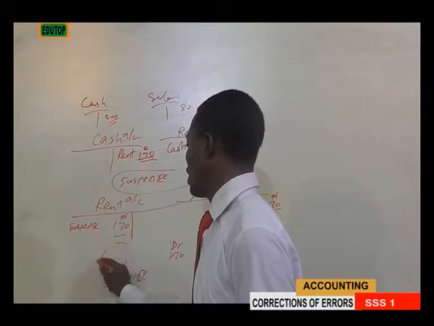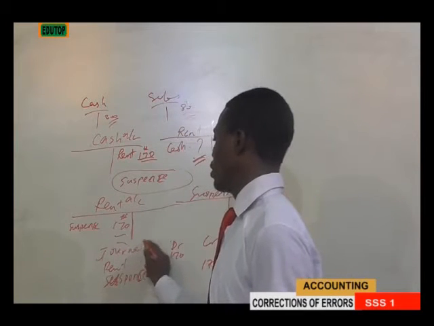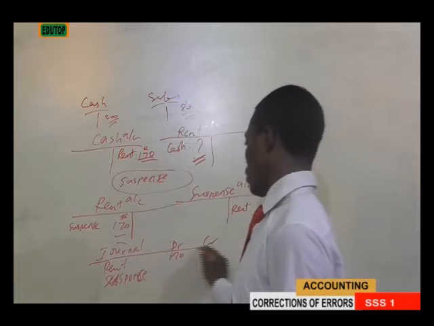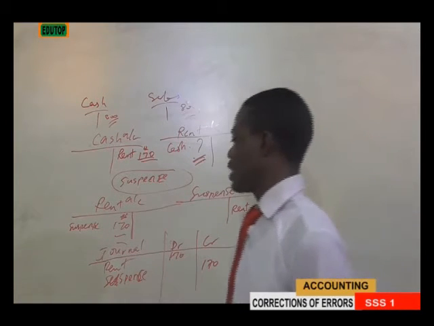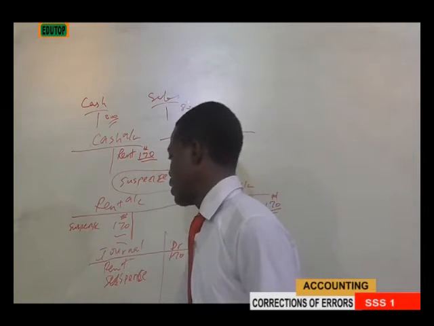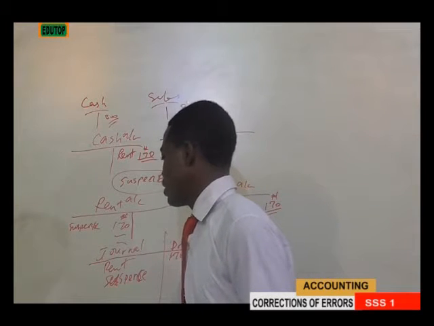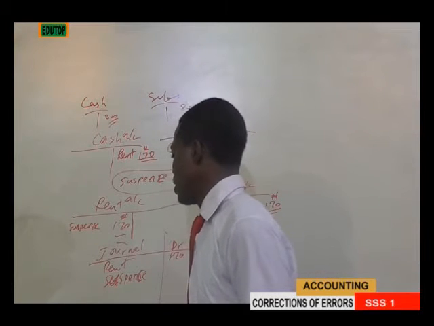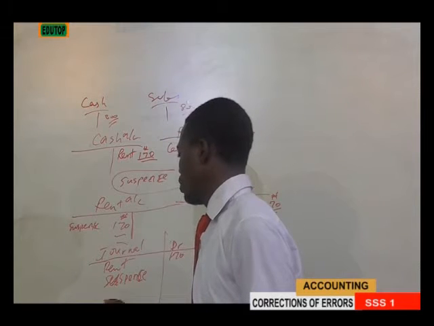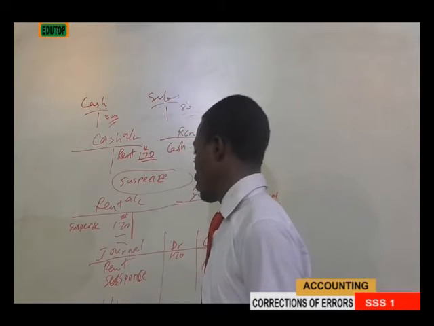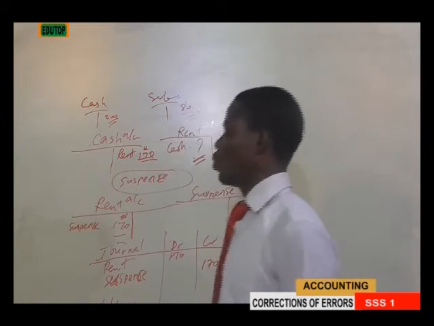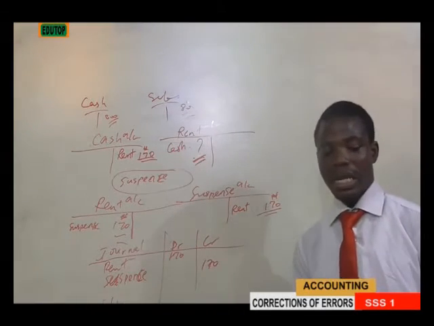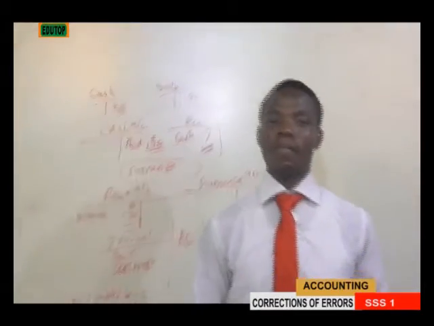Then you do the narration at the end. We say: rent omitted being corrected. So that is the narration for that.